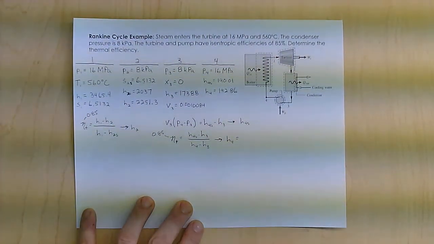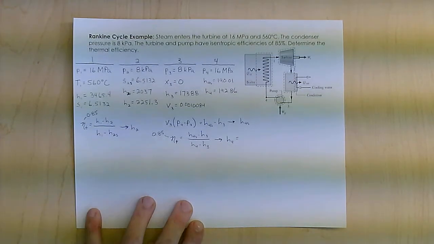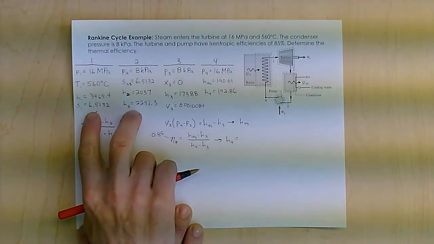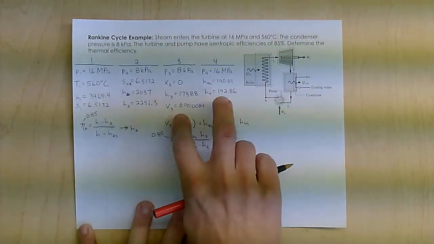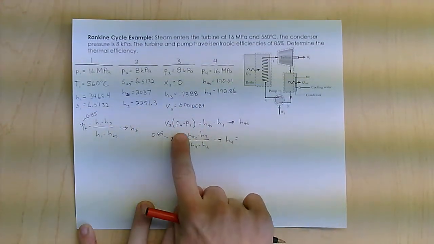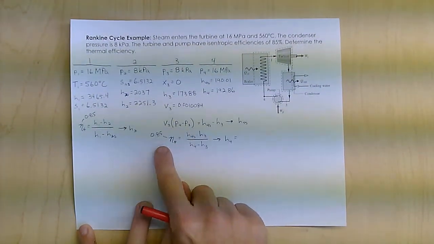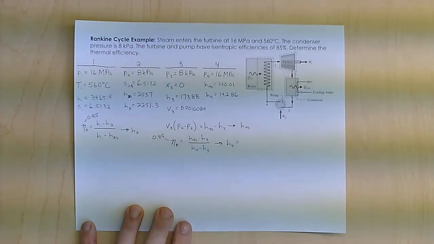Once I get that, I can find my thermal efficiency. For the turbine, I use constant entropy and then isentropic efficiency. For the pump, I use what I know about an isentropic pump to find the ideal, and then I use the isentropic efficiency.